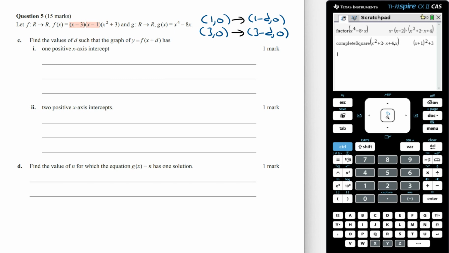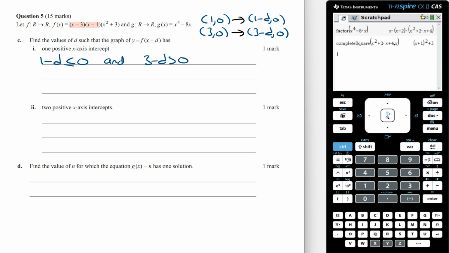And so for the graph of y equals f of x plus d to have one positive x-intercept means that the first x-intercept must be less than or equal to 0. And so 1 minus d has to be less than or equal to 0. And for the second intercept, this has to be larger than 0, and so 3 minus d has to be larger than 0.